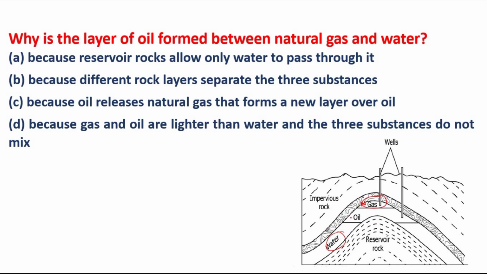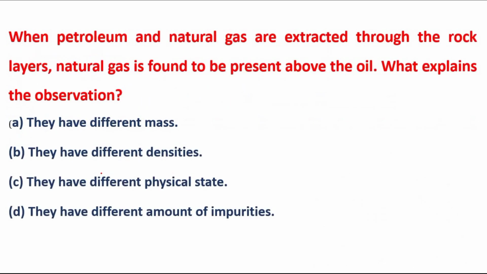Option A, because reservoir rocks allow only water to pass through it; because different rock layers separate the three substances; because oil releases natural gas that forms a new layer over it; because gas and oil are lighter than water and three substances do not mix. As oil, water and gas all have different densities, they do not mix with each other and hence they form different layers as shown in the figure.